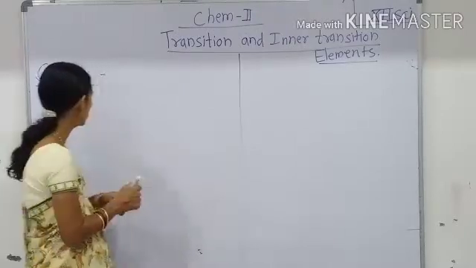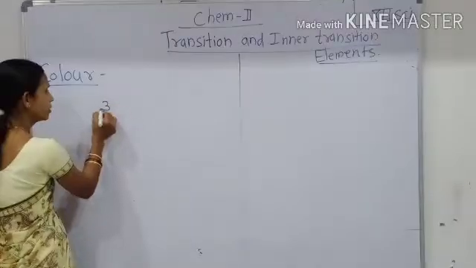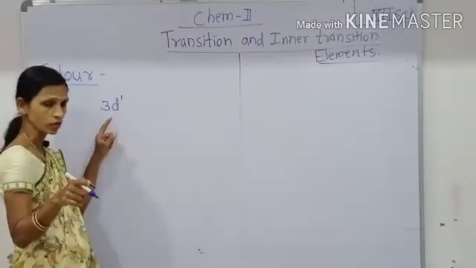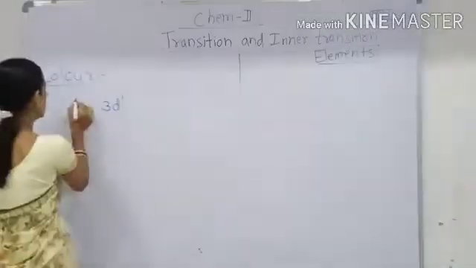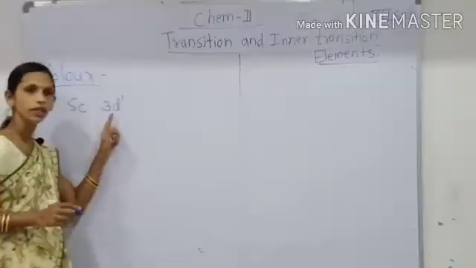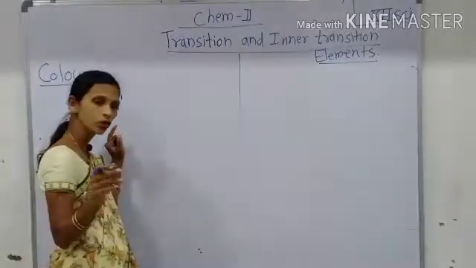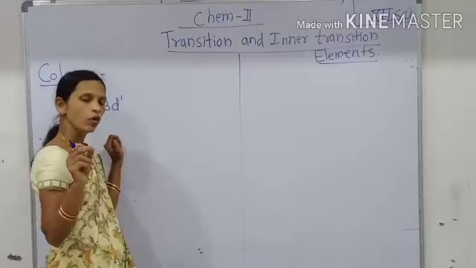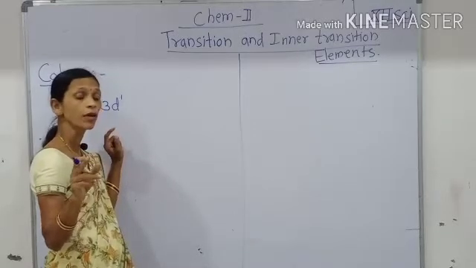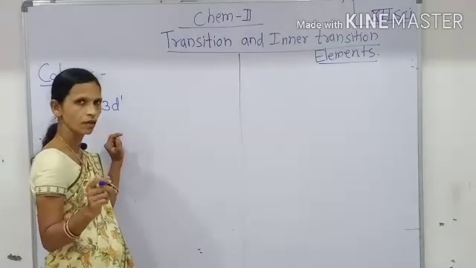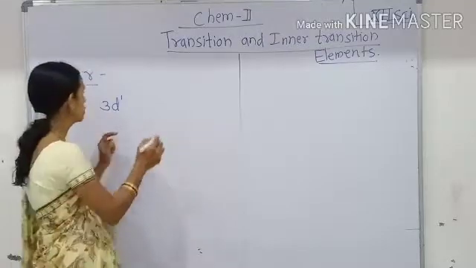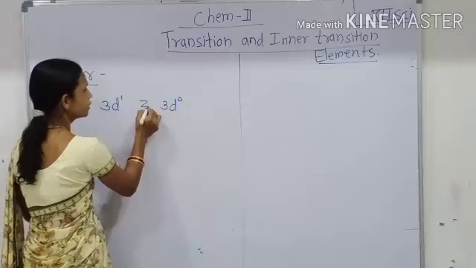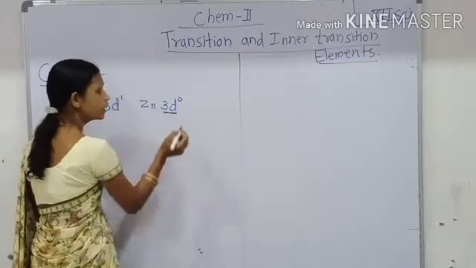For example, if there is one unpaired electron present in scandium, in the outermost orbital of the element, then it is purple or blue in color. Similarly, if there are 0 unpaired electrons, as in zinc, the 3d orbital is completely filled.